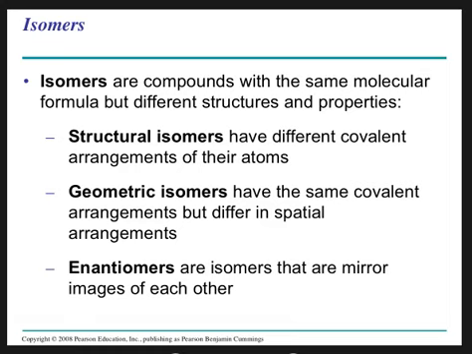It's the arrangement. It's like having all of the Legos to build a set. Say you want to build a Lego motorcycle. You can put all those Legos together and form a motorcycle, but perhaps you can put them together in a different manner and form a bicycle or something else. So that's an isomer.